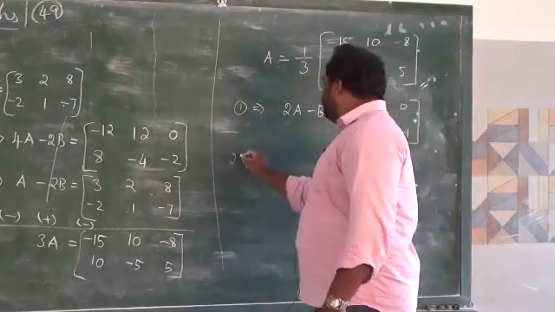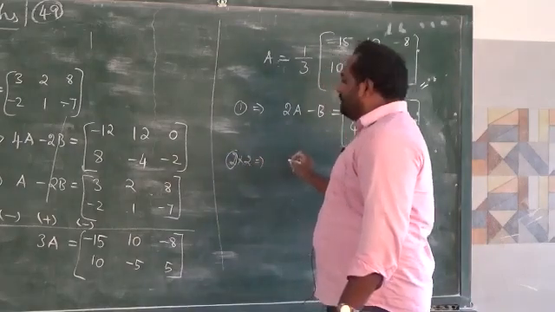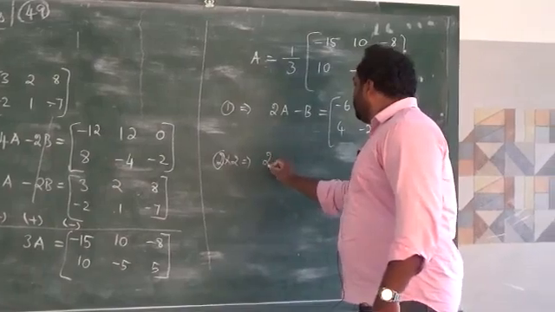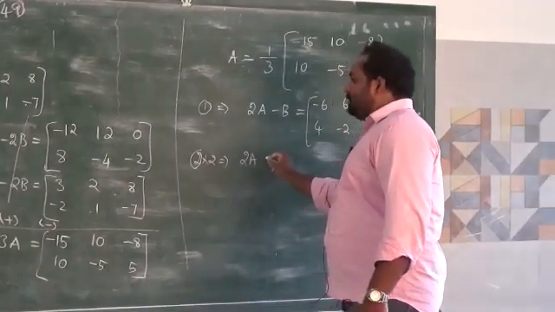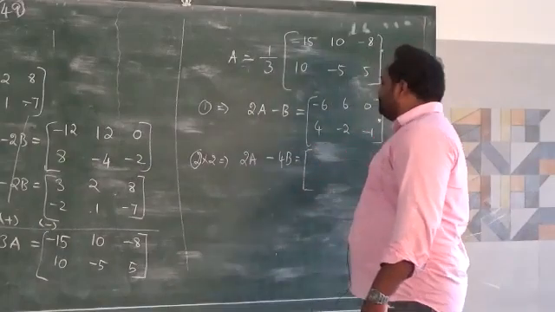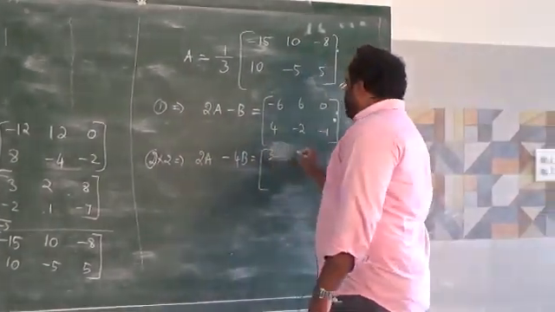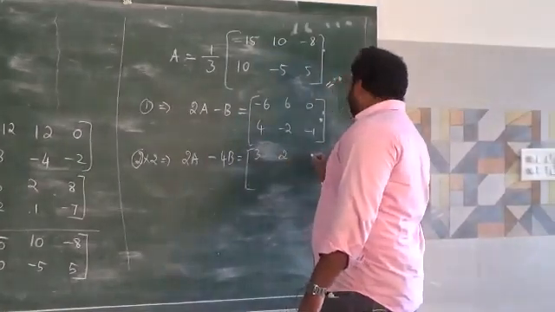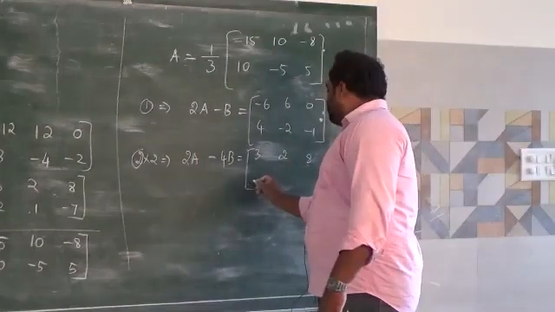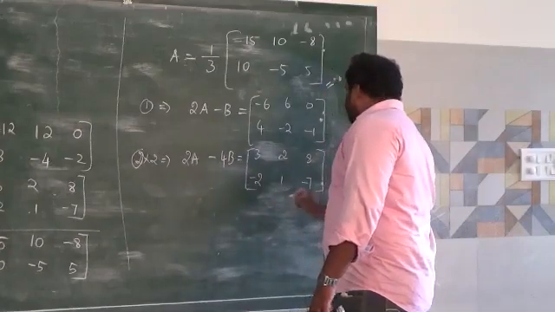Then 2 into equation 2, what will happen? 2A minus 4B equal to 3, 2, 8, minus 2, 1, minus 7.